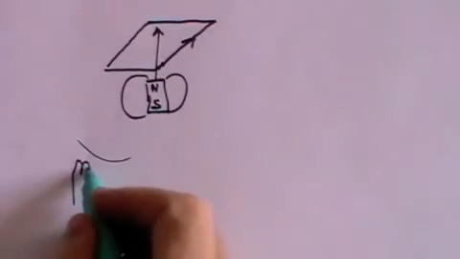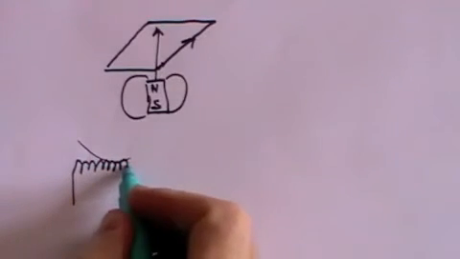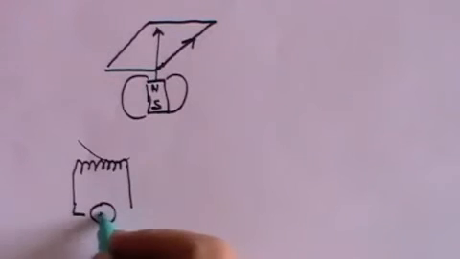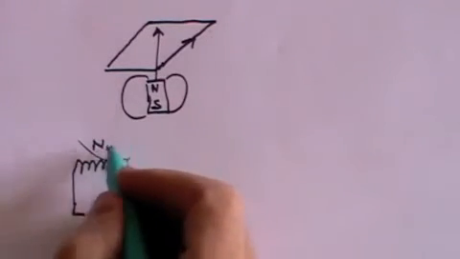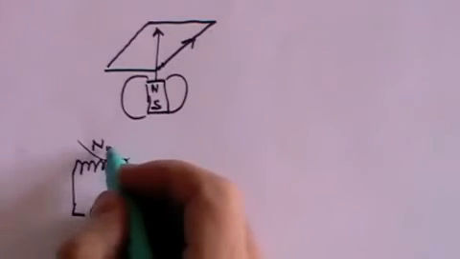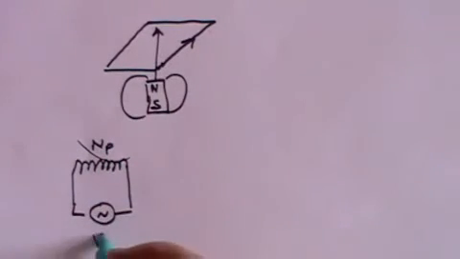Now, what we said with transformers was that if you take a coil with a certain number of turns, say N1 turns, well actually we'll call that Np turns and Vp volts.